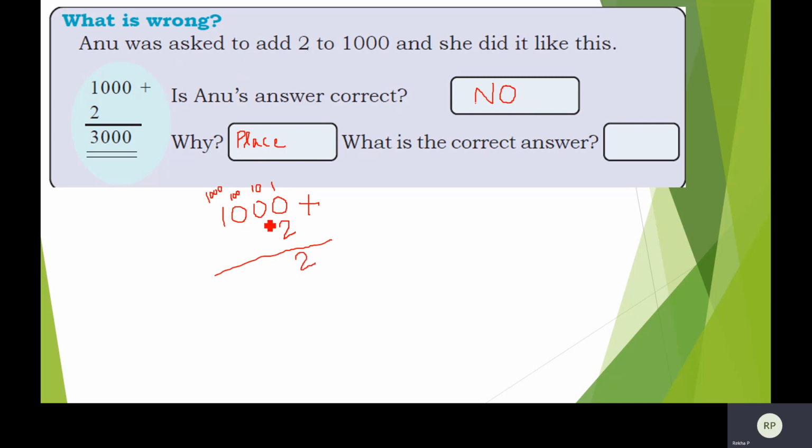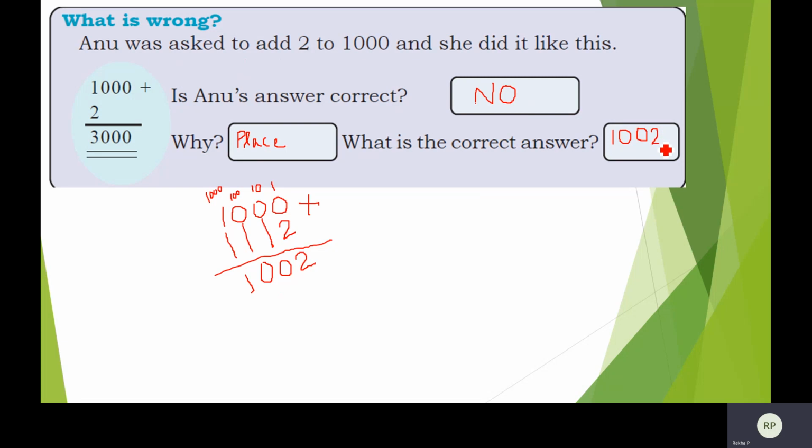Now nothing is to be added, so you can bring down this 0 directly, and nothing to be added, so bring down this 0 directly to the answer, and bring down this 1 directly. So your answer is 1002. That is the right answer. So we have to fill it here. What is the right answer? It is 1002.